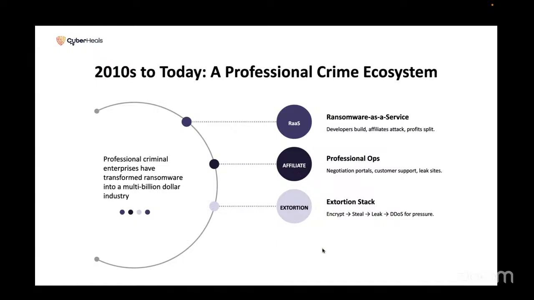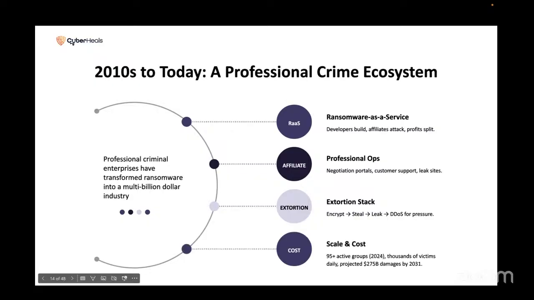So the third one is extortion: encrypt, steal, leak, and do denial of service attacks. The last objective is scale. They can scale from 1 to 100, maybe 1,000 using bots.